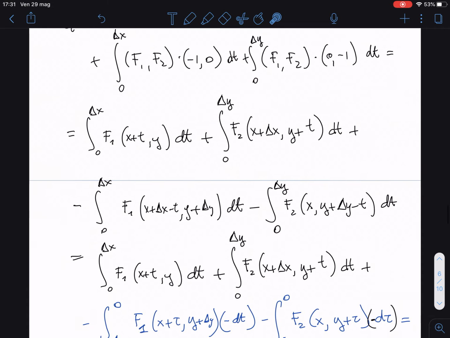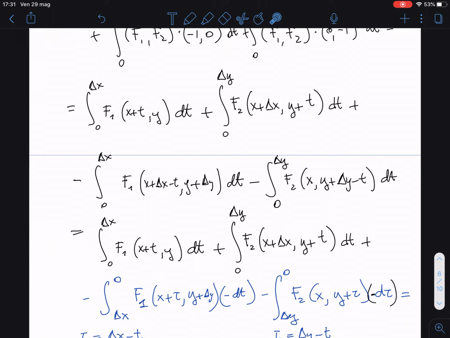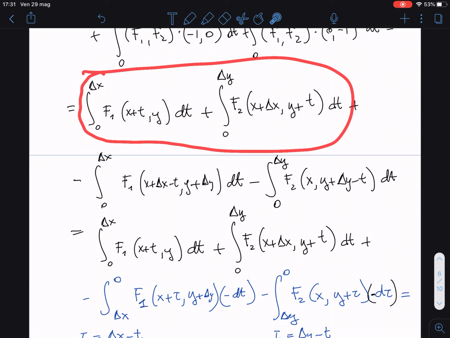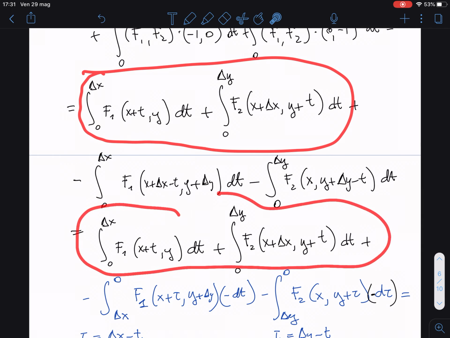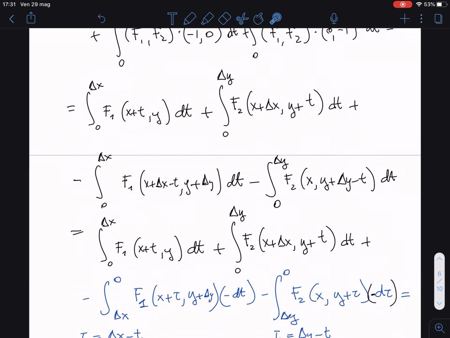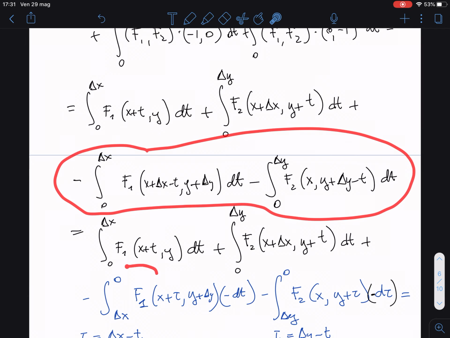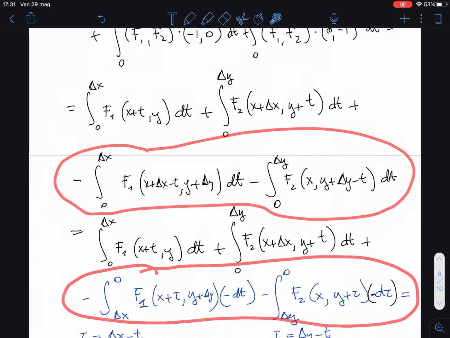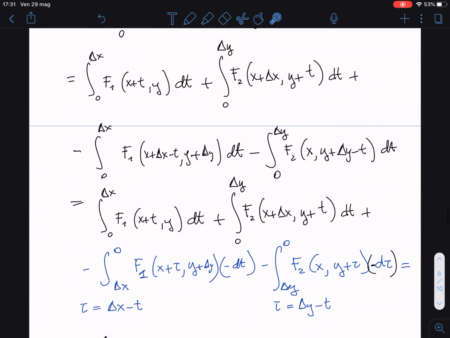Now let's move forward and do another passage. And in the new passage, the first and the second term are untouched. We focus on the third and the fourth, that I rewrote in blue to stress the fact that we are working on that, and we do something very simple. We introduce a new variable tau.